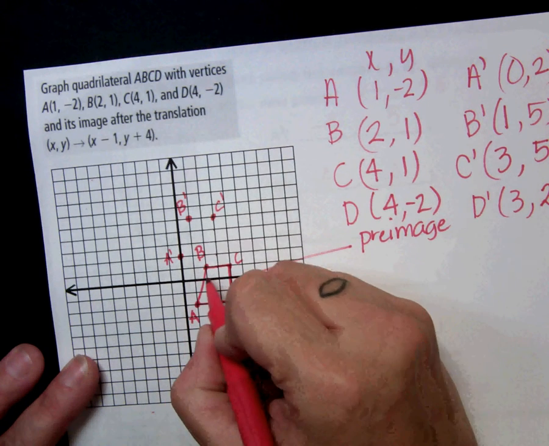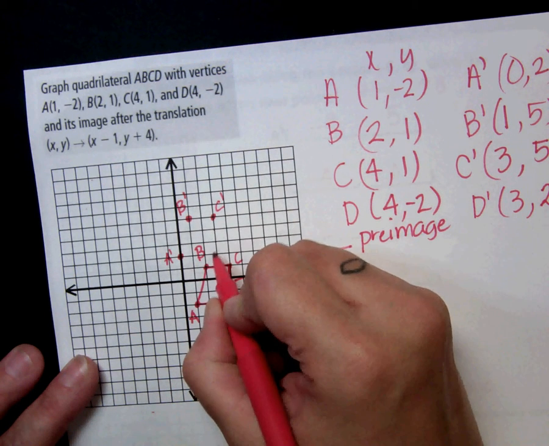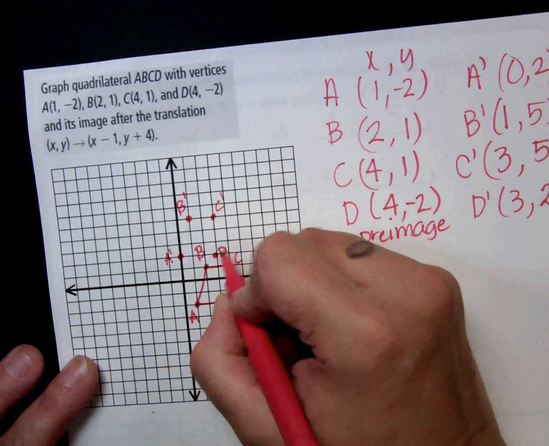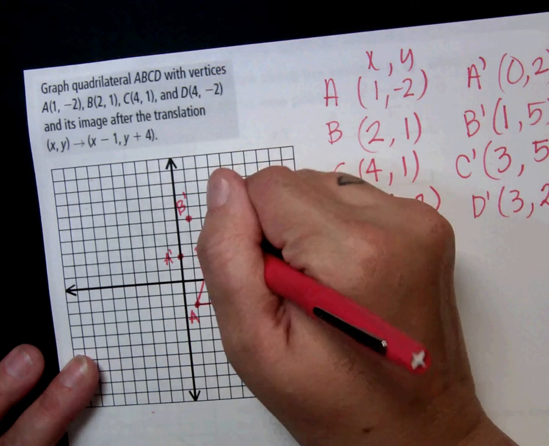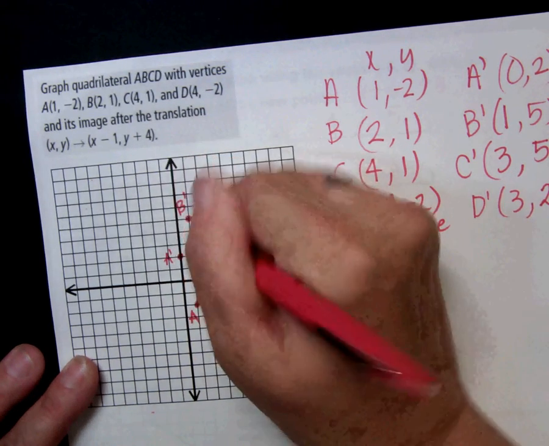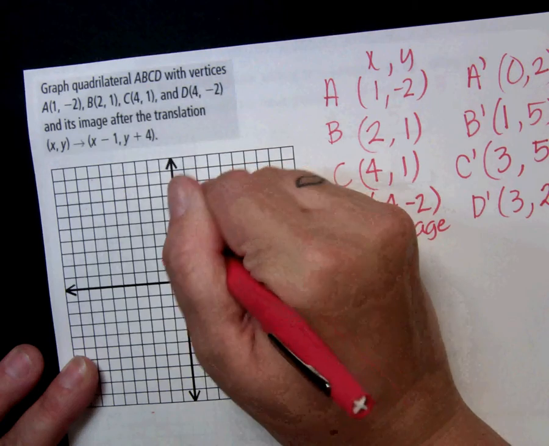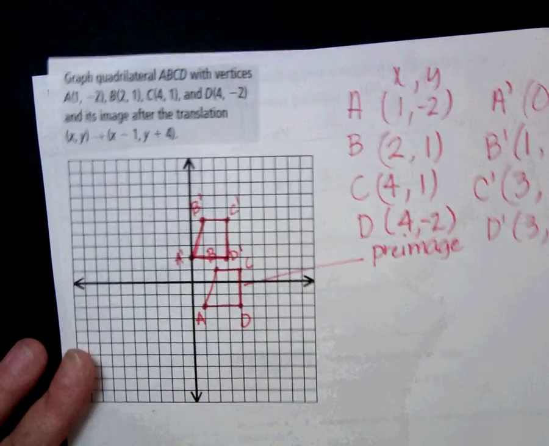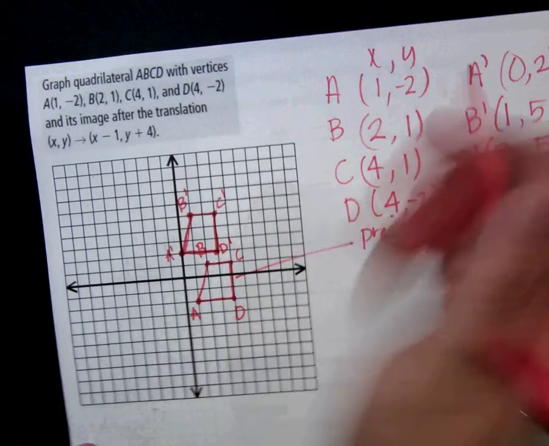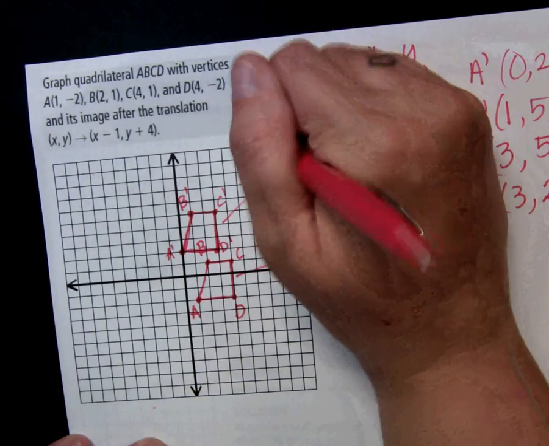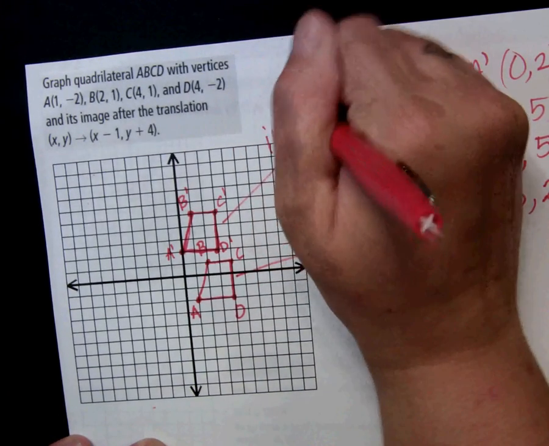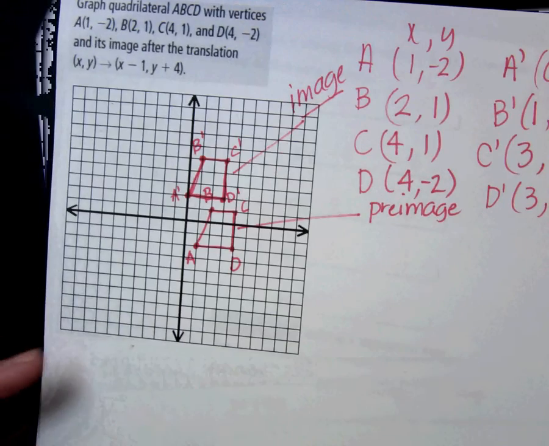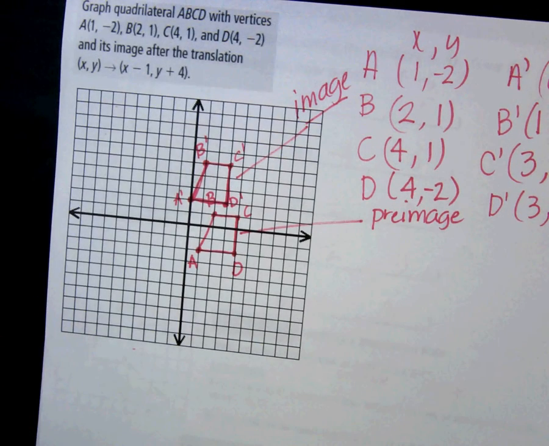And D prime when we go and connect it. And it shows where we were sliding our pre-image to make our image. Translations are just a slide.